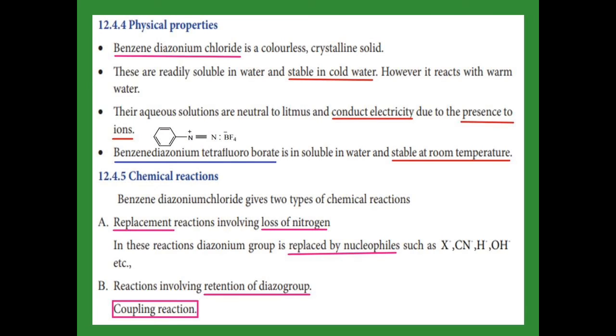So this is type A reaction. And type B reaction, the coupling reaction, means we never lose the nitrogen. The nitrogen group remains as it is. That is called reduction of the diazo group, and also coupling with some other compound. So there are two categories in the chemical reactions of benzene diazonium chloride. We will study them in the next video.